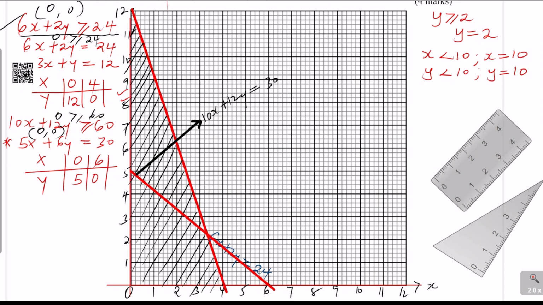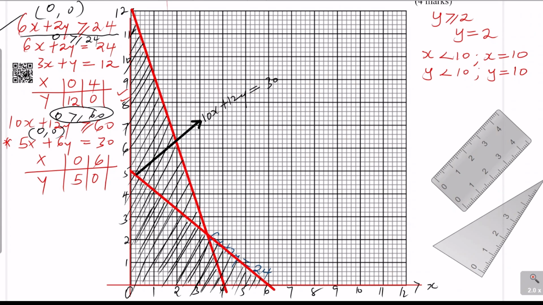Is it true? No, it is not. So the side that you're going to shade again is this side, the unwanted side, because the point 0, 0 doesn't satisfy that inequality. We've tested it there.